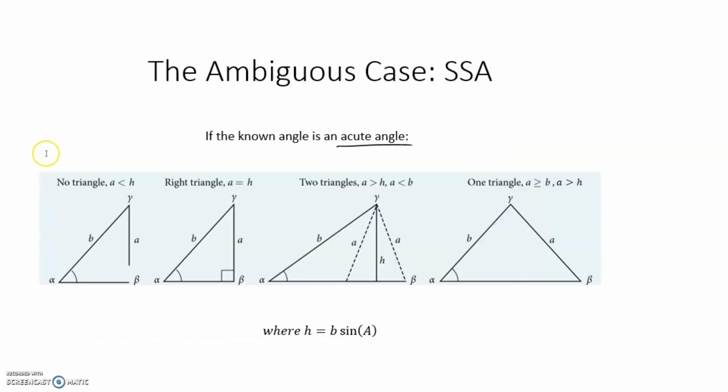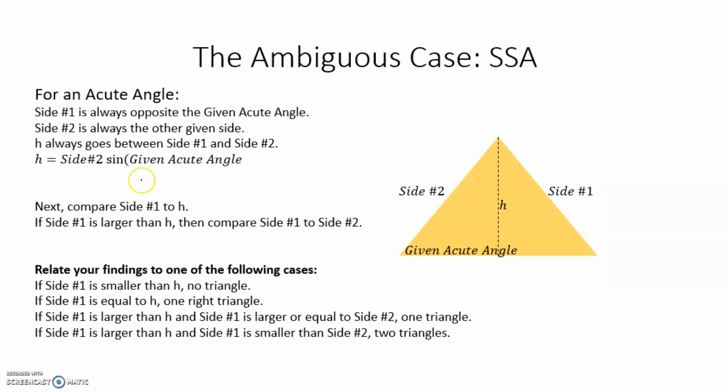It's going to help us decide which case we have. So you're comparing a side to H. H is going to be between side 1 and side 2. Here's side 1, here's side 2, and H is right between those two. To figure out what H is, that's going to be side 2 times sine of the given acute angle.